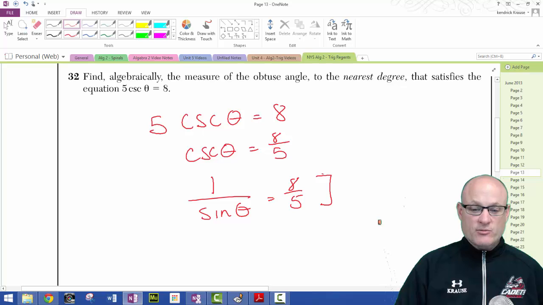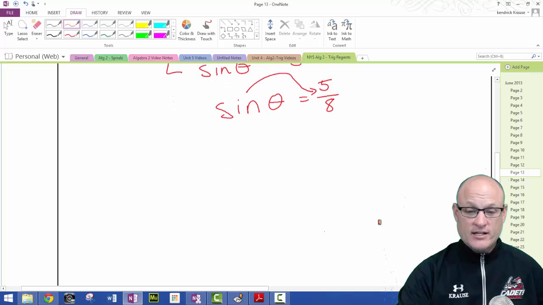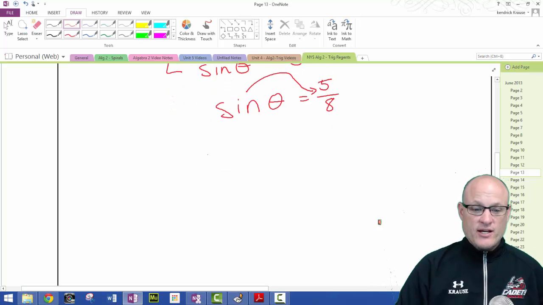Well, I can just take the reciprocal of both sides. So really what I get is sine theta over 1, which is just sine theta, equals 5/8. Which means I'm going to do the inverse sine of 5/8. So theta is equal to sine negative 1 of 5/8.